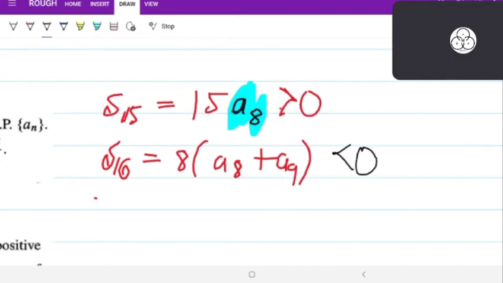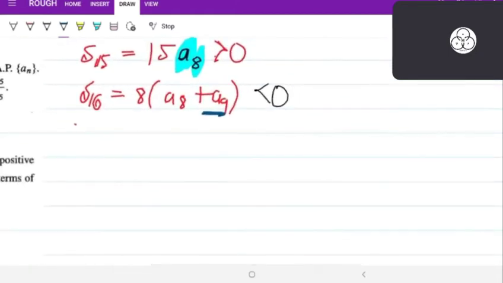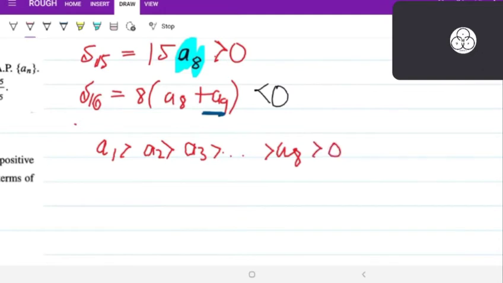And S16 is less than 0, which means A9 is less than 0. So from the first explanation at the beginning of the question, A1, A2, A3 and so on up to A8 are definitely decreasing, but their values are greater than 0. A9 is the first negative term.